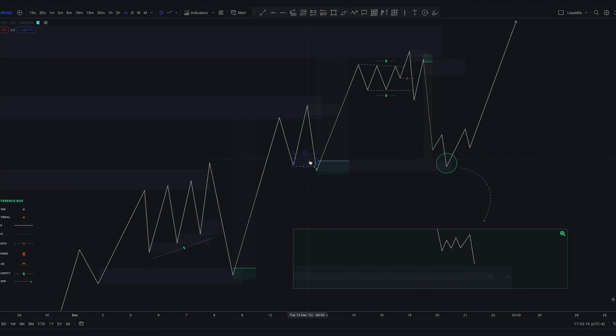So this is a very high probability place that price could possibly hold to continue up from here, because price already attempted to break this low. Now it pushed up again, and now price is pulling back down here. So this would look like this on the 15-minute, and like this on the 1 minute.